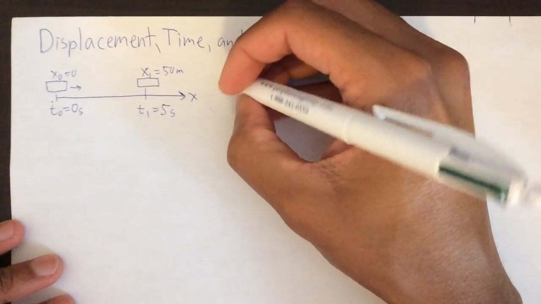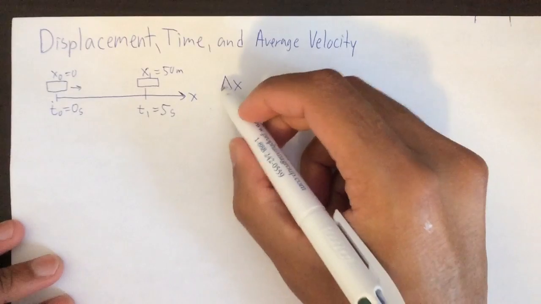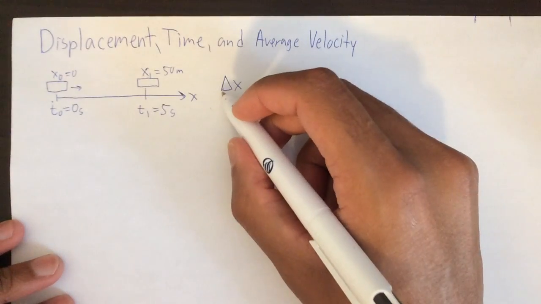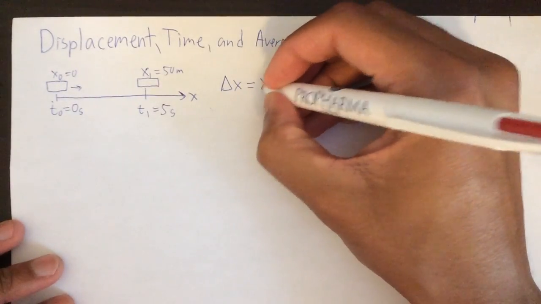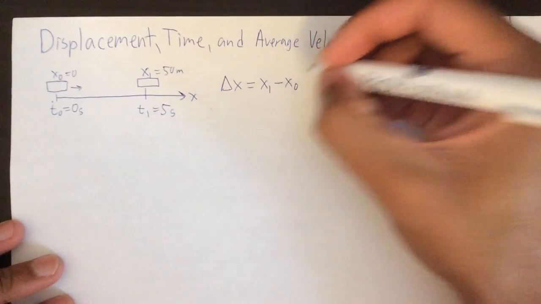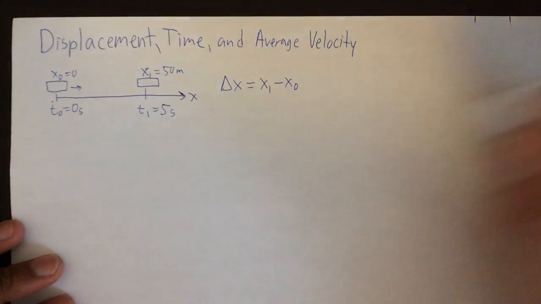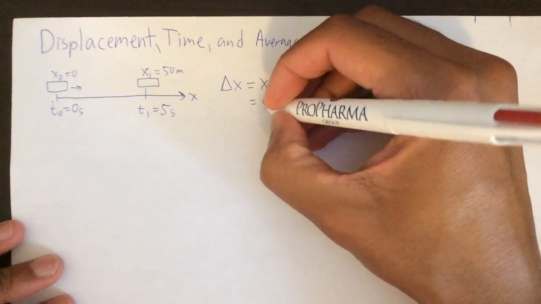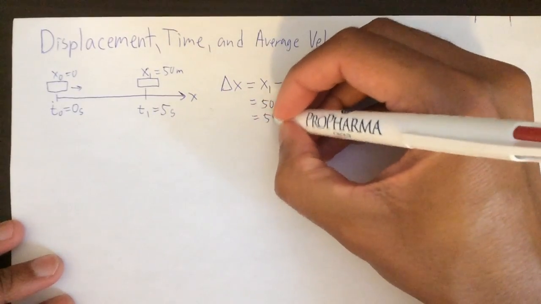Displacement is the change of x. So this delta sign is representative of a change in x. So it's read like a change in x is equal to x1 minus x0. So in this case, it would be 50 minus 0, which is equal to 50 meters.